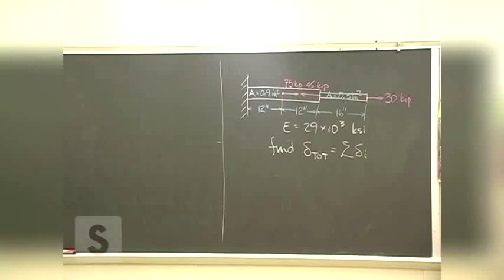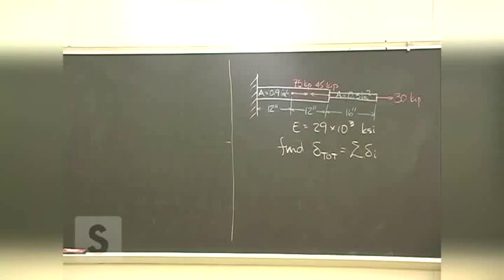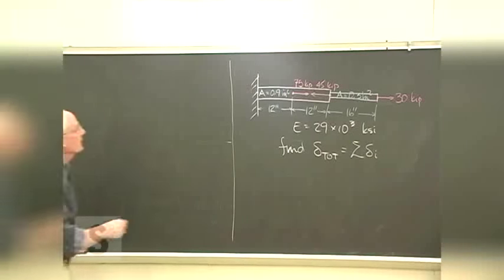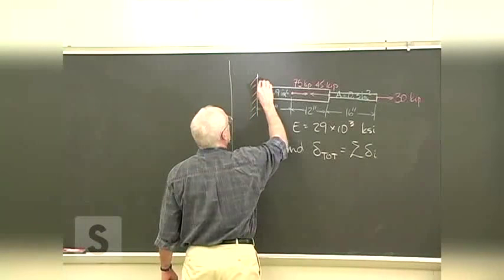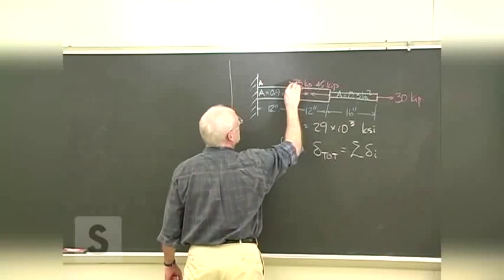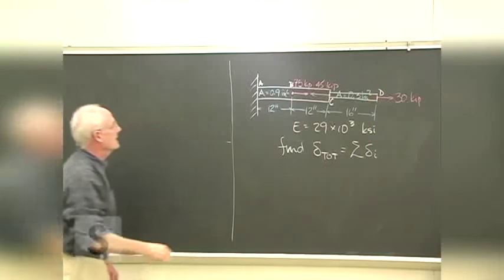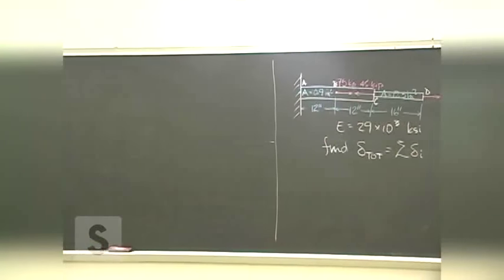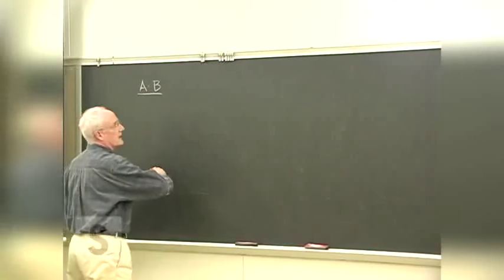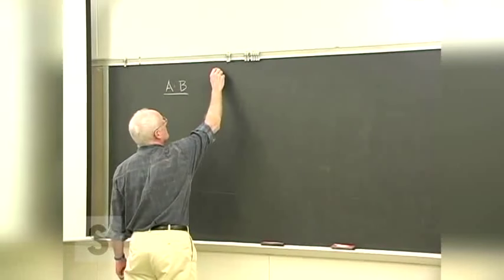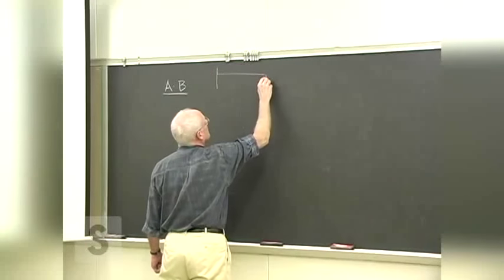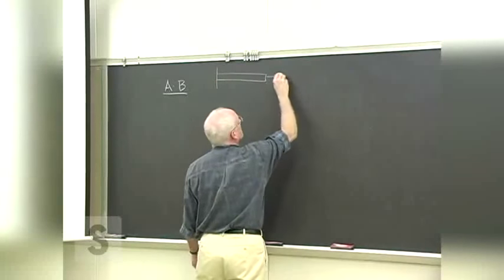I'll get you started. Let me label the points just for reference: A, B, C, and D. So for section AB, to figure out how much it's going to deform, we need to find the load in that piece.